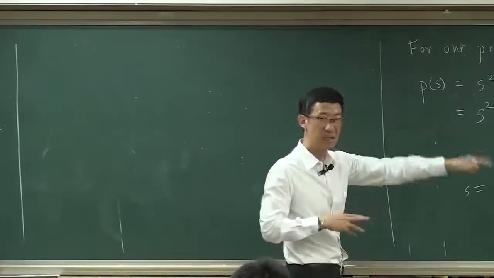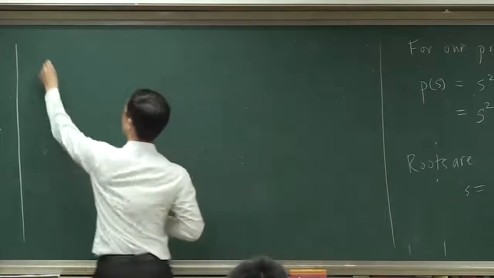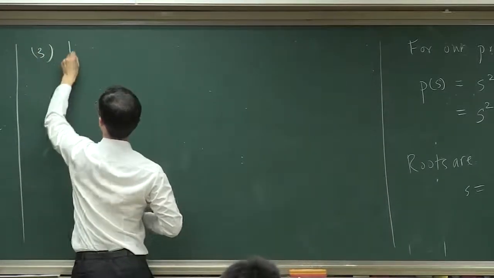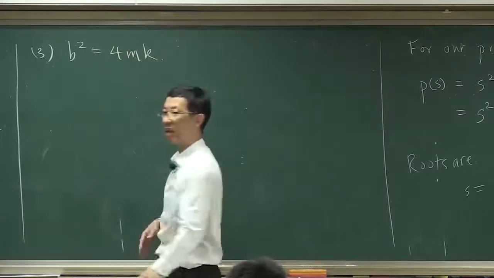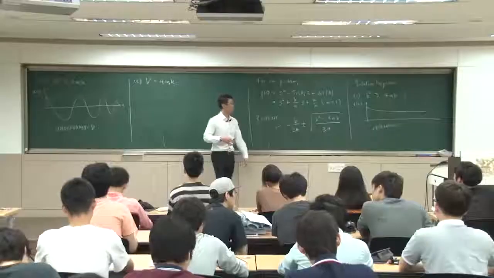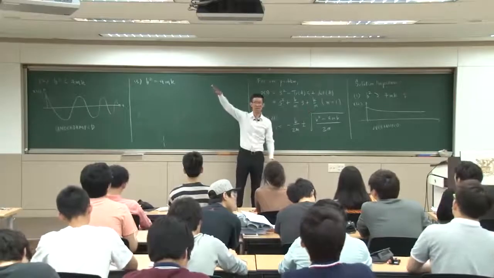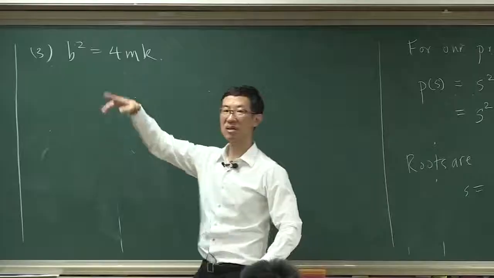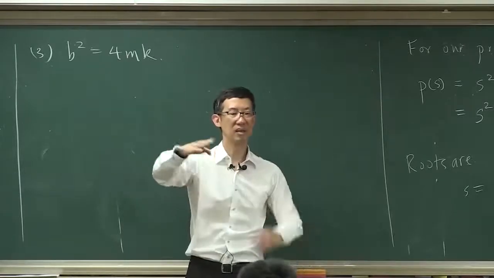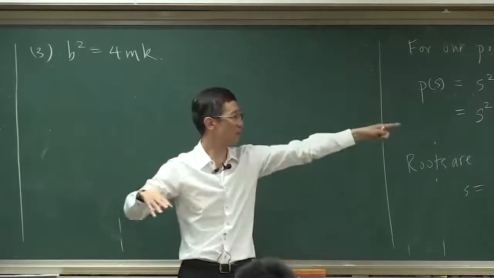The third case is in between these two, when b squared equals 4mk. So what do you think will happen? In the overdamped case, there's no oscillation. It just slowly goes to equilibrium, x equals 0. In the underdamped case, there's oscillation. So there has to be something that happens going from there to there.